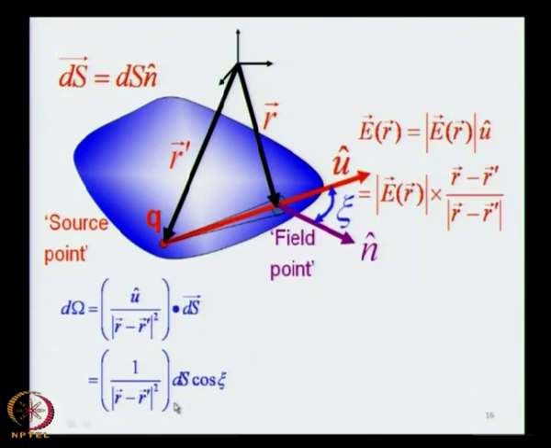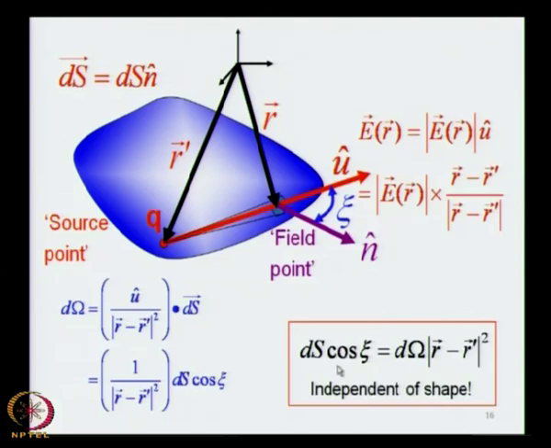So, this geometry tells us that this solid angle subtended by the surface element is ds over distance square times this cosine xi, and what is important is that it is completely independent of the shape, because we never claimed that this particular shape, which represents an elemental area on the surface of this imaginary surface that we constructed, has any regular shape.